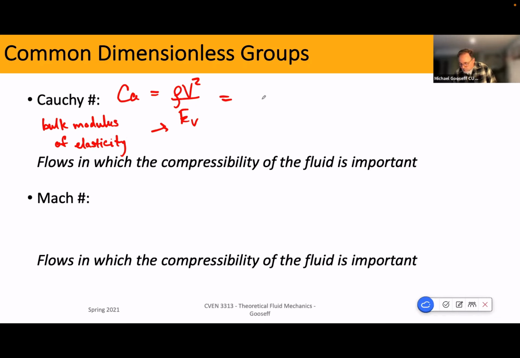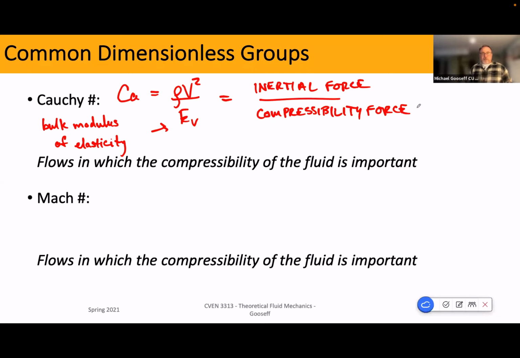And in words, that is the ratio of the inertial force to compressibility force. So more commonly used with gases than liquids necessarily.